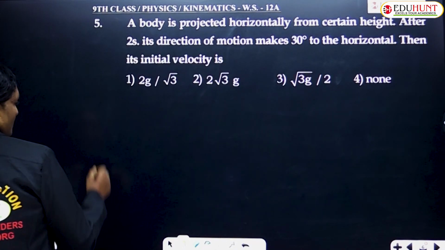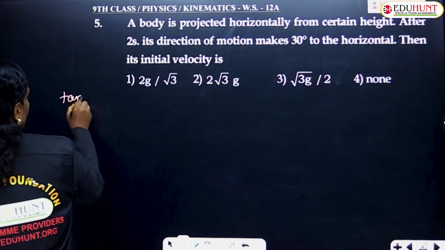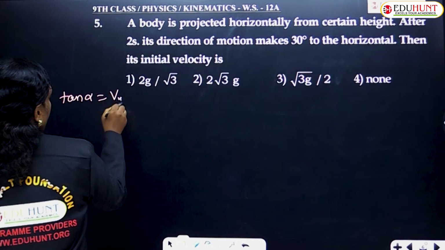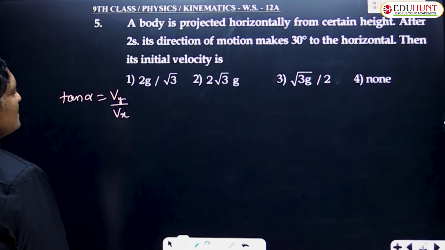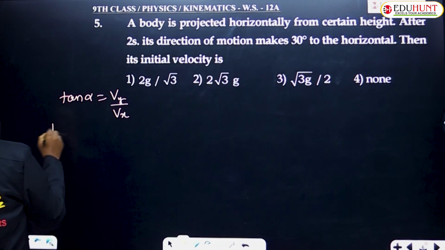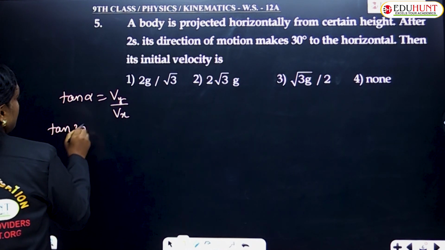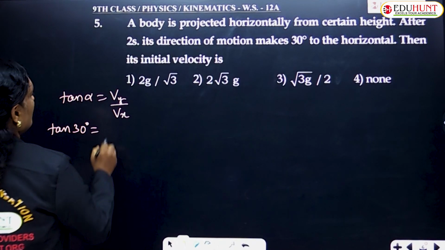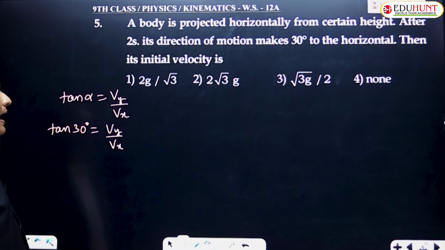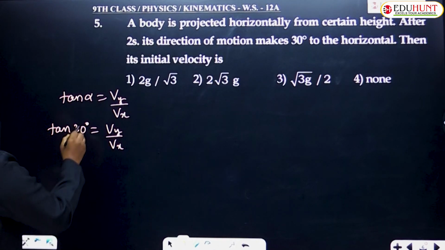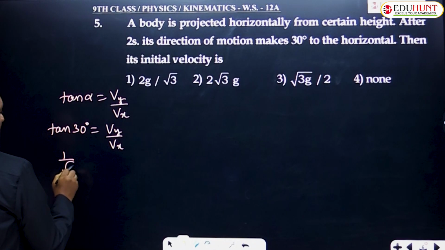Okay. So to start with, let us try to find out the value of tan alpha. We know the formula for tan alpha, as we have discussed in the earlier case. Tan alpha can be written as Vy by Vx, and now the value of alpha is given, so tan 30 degrees is equal to Vy by Vx. Tan 30 can be written as 1 by root 3.